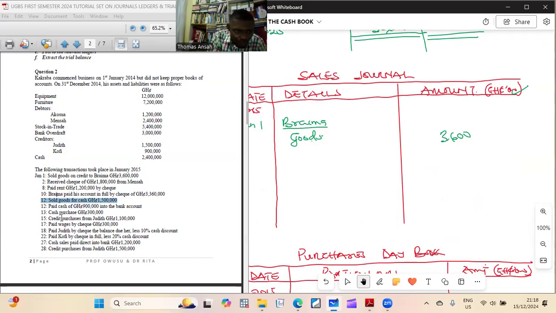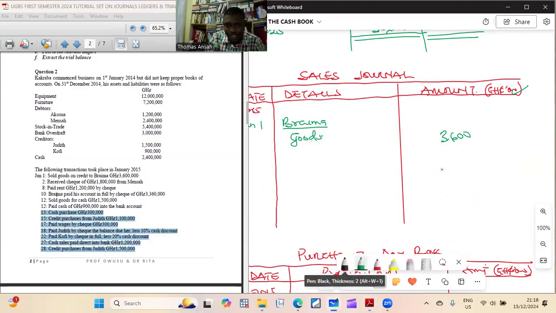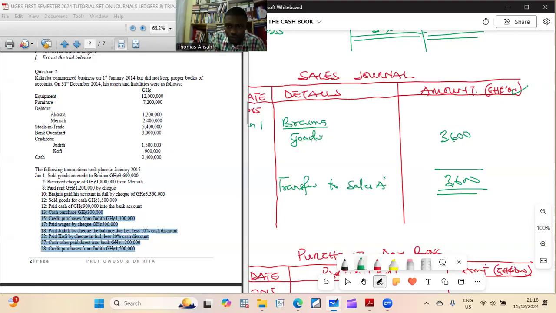I think Brahma is the only person we did a credit sale to. So if that's the case, if you check the question, we don't see any credit sales anymore. So you will total it and say 3,600. So you say transfer to sales account in the general ledger, so that we don't use the names inside.